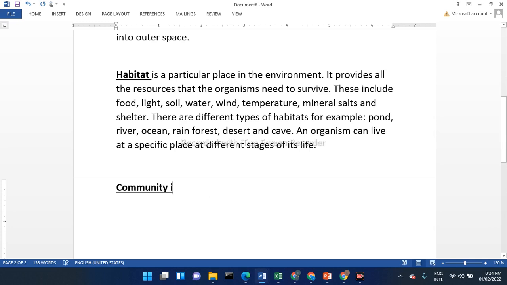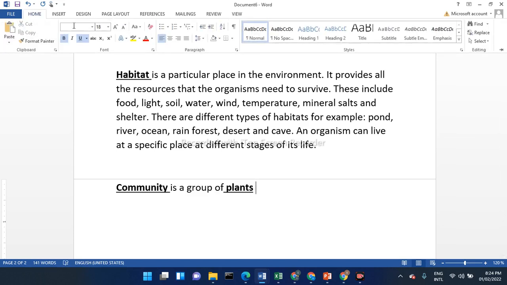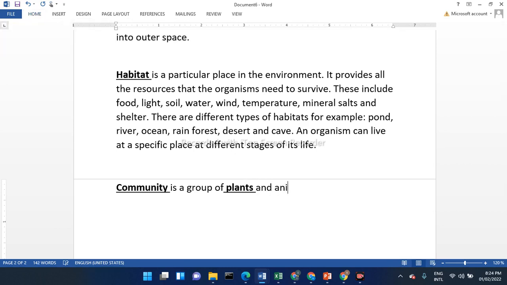Community is a group of plants and animals that interact with each other.